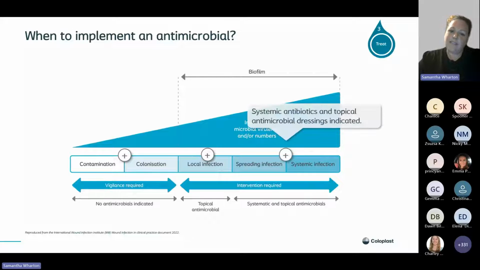And then if we're getting into spreading infection and systemic infection, then at this stage, systemic antibiotics will be required, but you still need to continue with that topical antimicrobial dressing, because you're still going to be able to reduce the number of microbes in that wound bed by using an antimicrobial alongside systemic antibiotics.